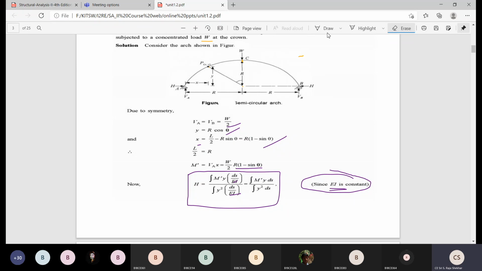Remember it. The horizontal thrust for a semicircular arch loaded with a point load at the crown does not depend upon its radius. Remember it. H is equal to W by pi. Is it okay?